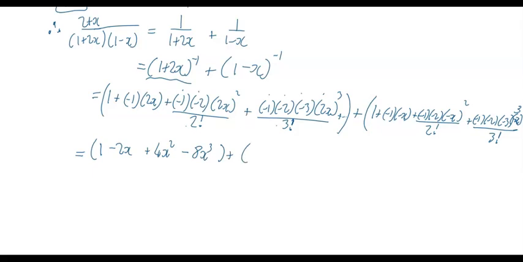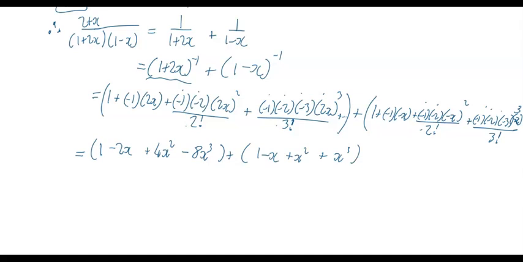Same idea for the next bracket. You're going to have 1 minus x, and then minus 1 times minus 2 is 2, divided by 2 factorial, so they just cancel out, and then minus x squared would be positive x squared. And here you've got a minus times a minus times a minus, so three minuses and a minus x cubed, so that's going to be positive overall, and minus 1 times minus 2 times minus 3 is the 6, divided by 3 factorial, 6, so that's positive x cubed.